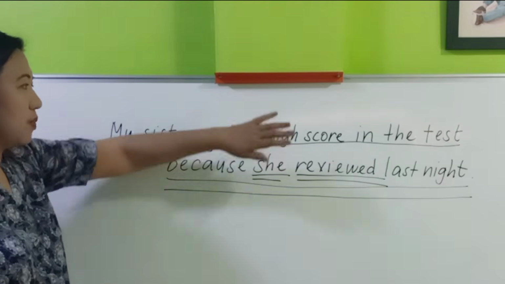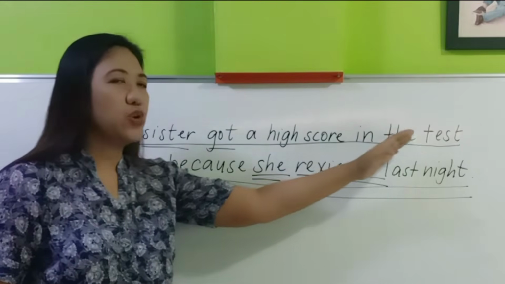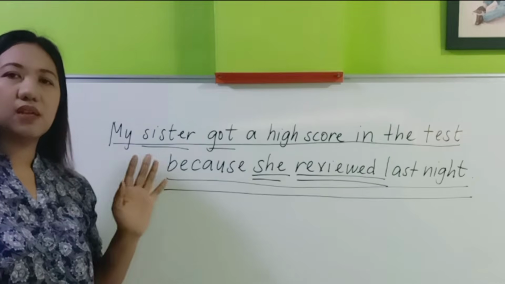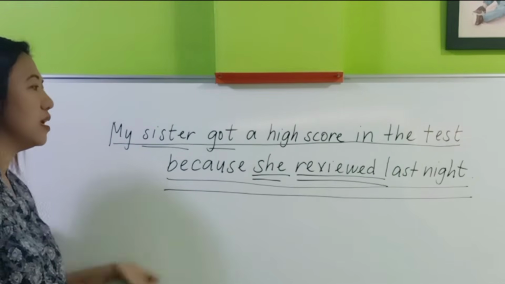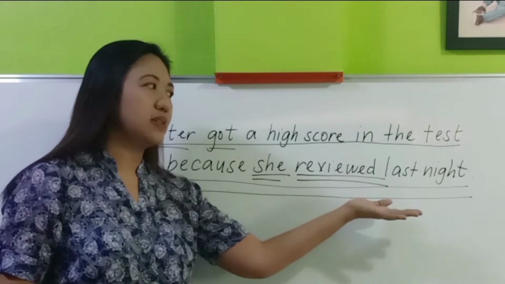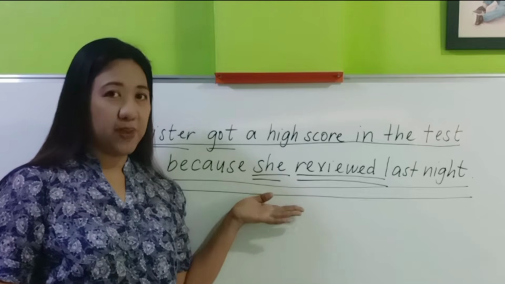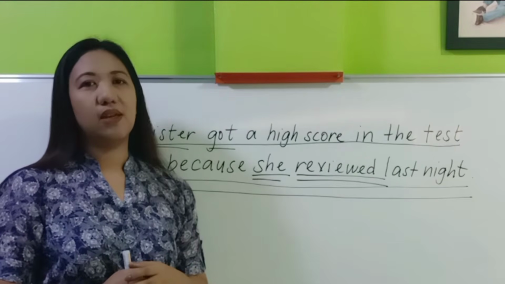However, if we remove this clause, etong my sister got a high score in the test, and this remains, it doesn't show a complete thought. Parang hangin na siya. Tingnan natin. Because she reviewed last night. Hangin siya, di ba? So this is now a dependent clause. Nakadepende siya kay independent clause.